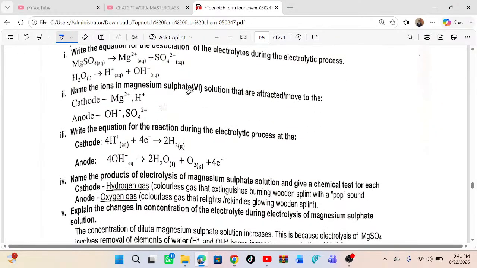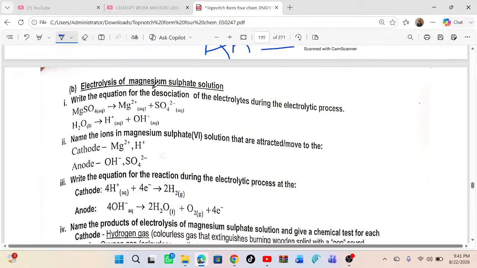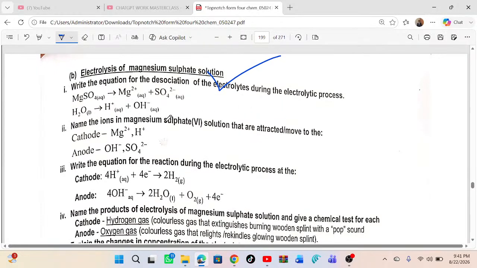That's all about it. So for example, look at this. Name the ion. Write the equation reaction during the electrolysis process at the cathode and the anode. Electrolysis swali gani? Swali linaanza hapo. Oh, magnesium sulfate. Wametuambia magnesium sulfate. So magnesium sulfate anode yake na cathode yake ni gani?